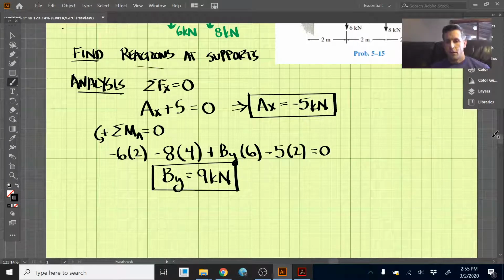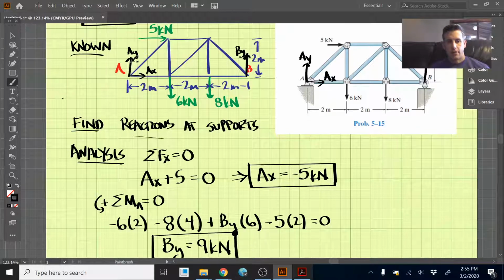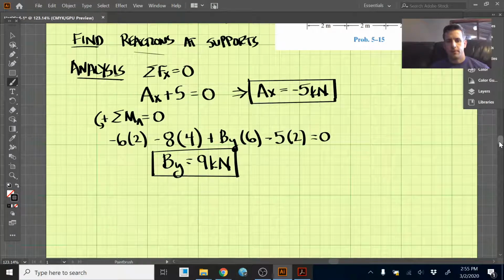The only unknown that we haven't solved for is AY here. So we're going to have 6 and 8 downward, and then AY plus BY upward. So let's write that equation.